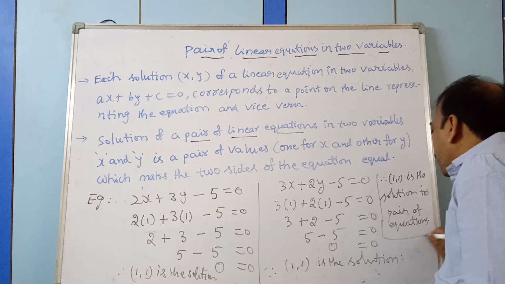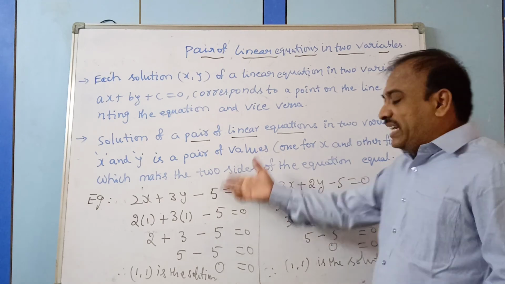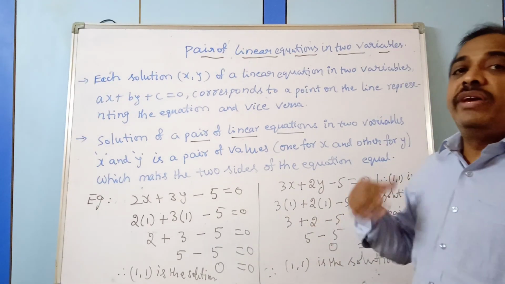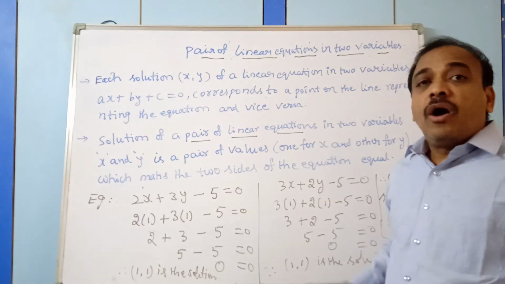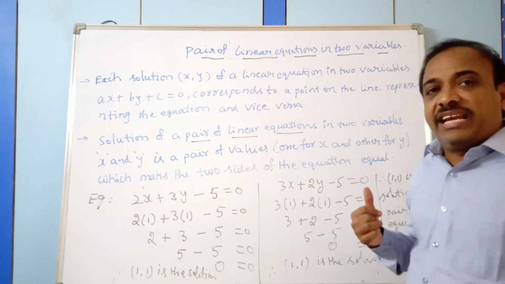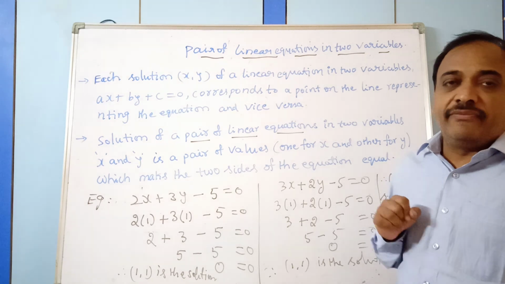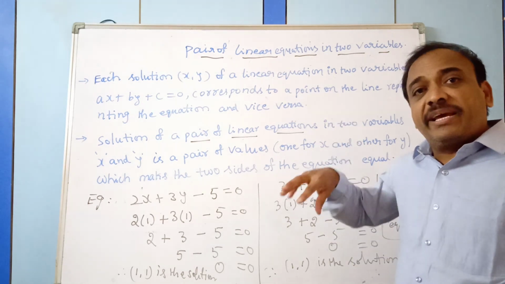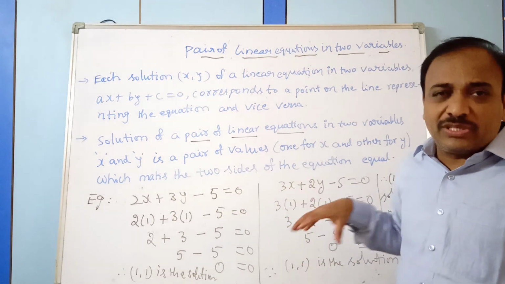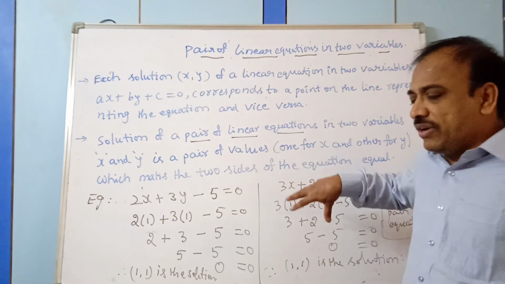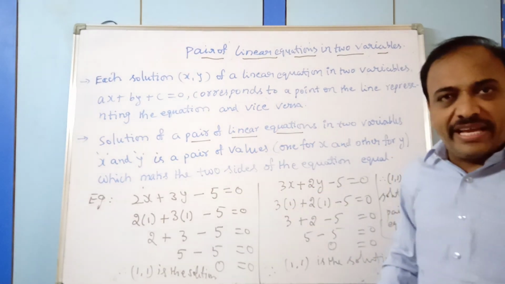Now, to find the solutions we have methods. One is the algebraic method, another one is the graphical method. In algebraic we again have some methods, and graphically we obtain the solution for a pair of linear equations in two variables.